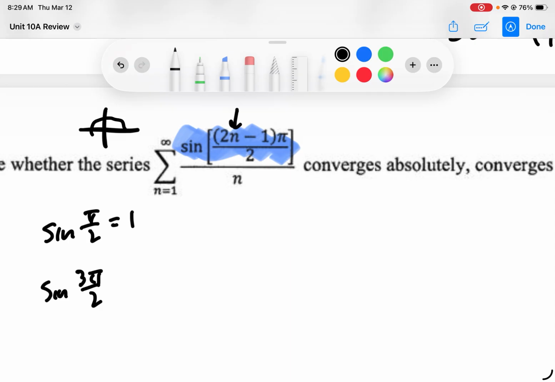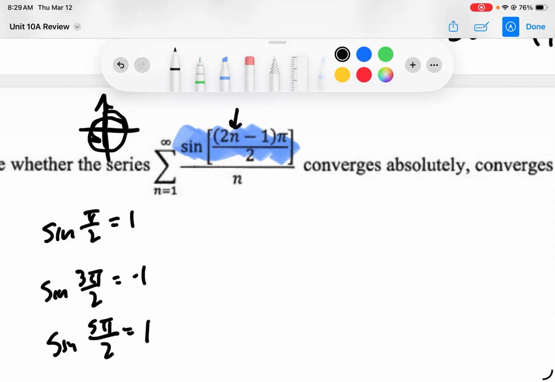On the unit circle, sine there is negative 1. Then I plug in 3: 6 minus 1 is 5, so sine of 5 pi over 2. That's back to the reference angle, so positive 1. That's the alternating part.